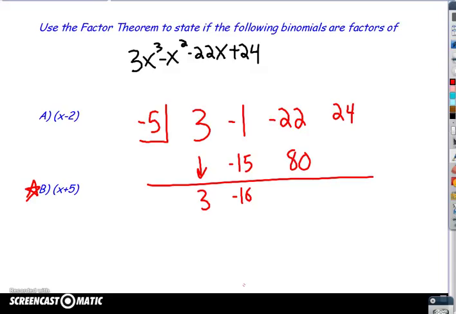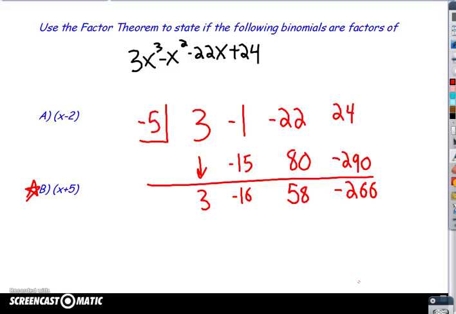Add them. You can kind of see where this is going. 58 times negative 5 is negative 290. And negative 290 plus 24 is negative 266.